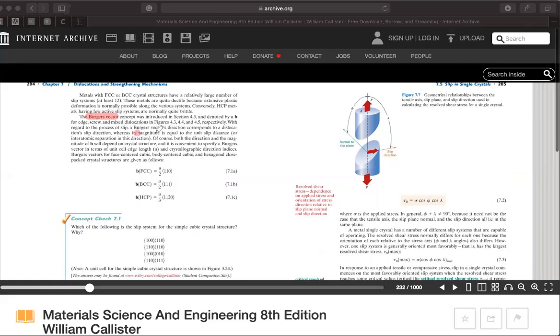Its magnitude is equal to the unit slip distance, or for metallic material, we can say it's the interatomic spacing in this direction.